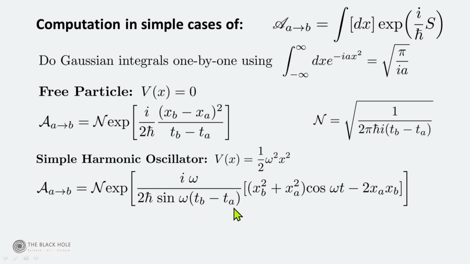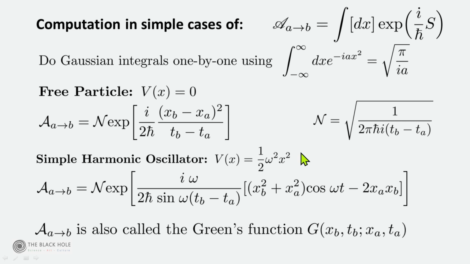The omega cancels out, and this factor becomes just this factor, i over 2 h bar. What happens over here? Well, omega goes to 0, so this is xb minus xa squared, which is this. And so this and this become the same. So the simple harmonic oscillator and the free particle are the same in the limit that omega is 0.